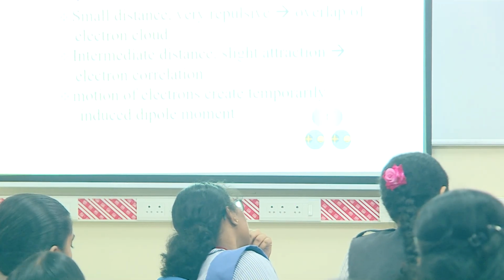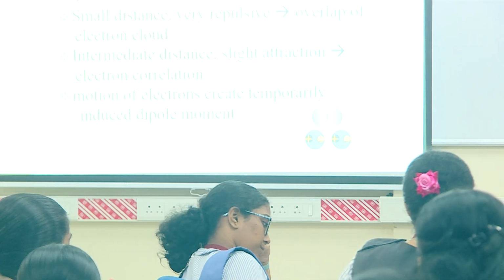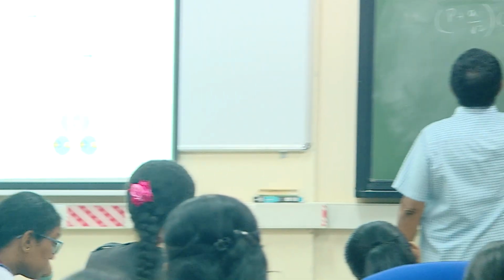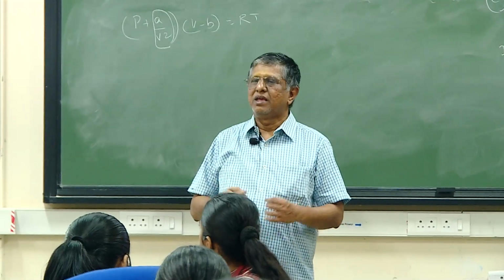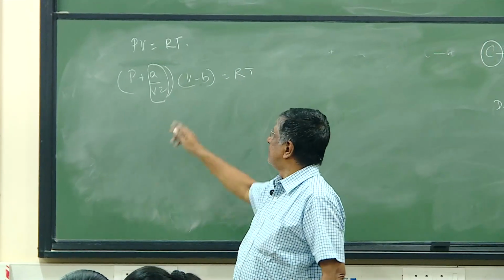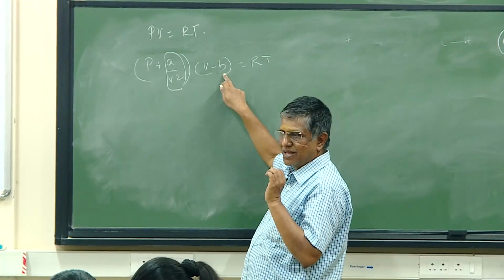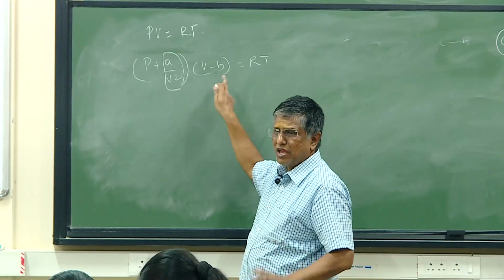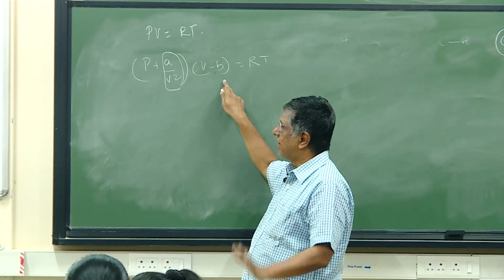We modify this as P plus a by V square into V minus b equal to RT. This a term arises mainly because of the intermolecular interaction. This is the volume correction, called the co-volume. This equation is called the van der Waals equation. You are all familiar, right?